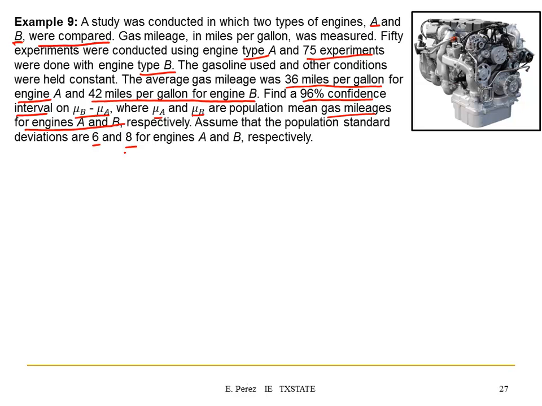Okay, so we can put the information for each engine in a table. So we have A and B, n equals 50, n equals 75, x bar for A equals 36 miles per gallon, and x bar for B equals 42 miles per gallon.